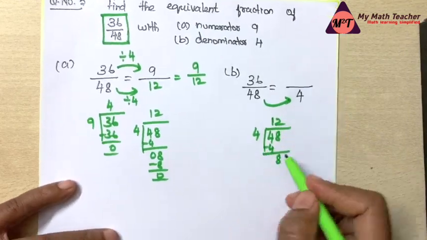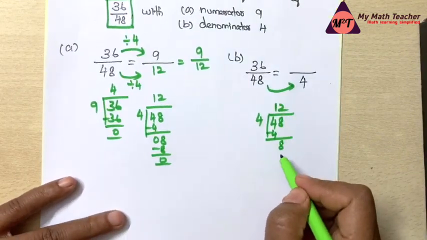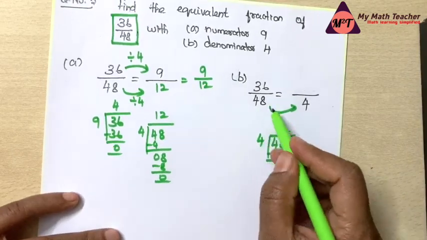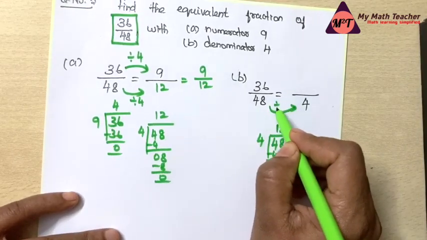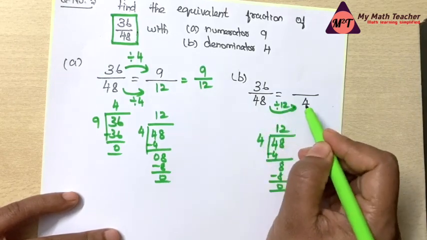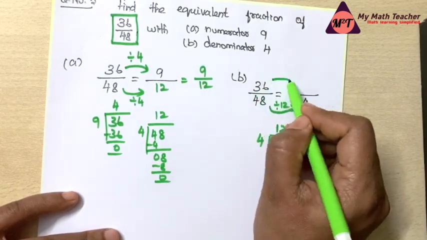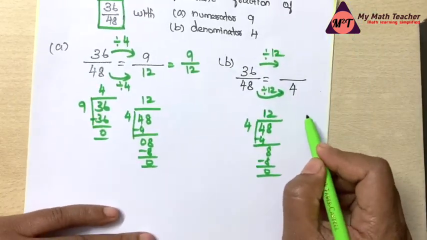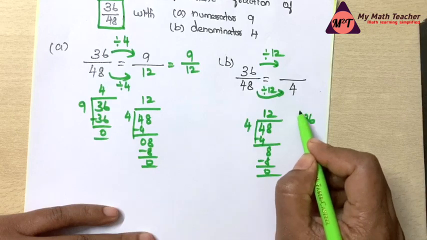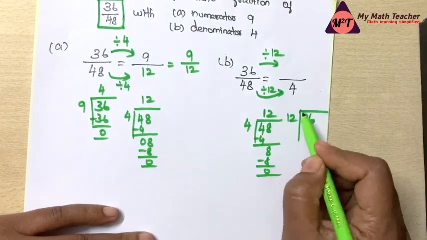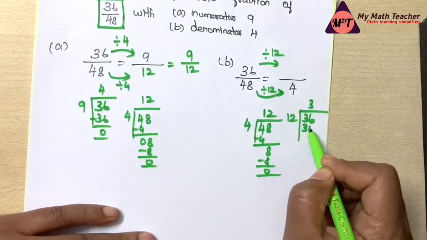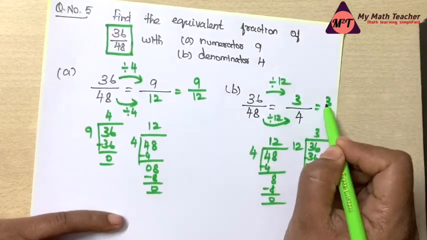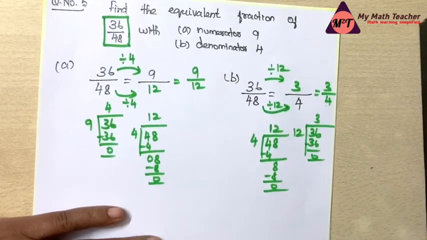So now divided by 12. 48 divided by 12 gives us 4. The same way you have to divide the numerator by 12 as well. So what is the numerator here? It is 36 divided by 12. We know that 12 3s are 36. So the answer is 3 by 4. The equivalent fraction is 3 by 4.